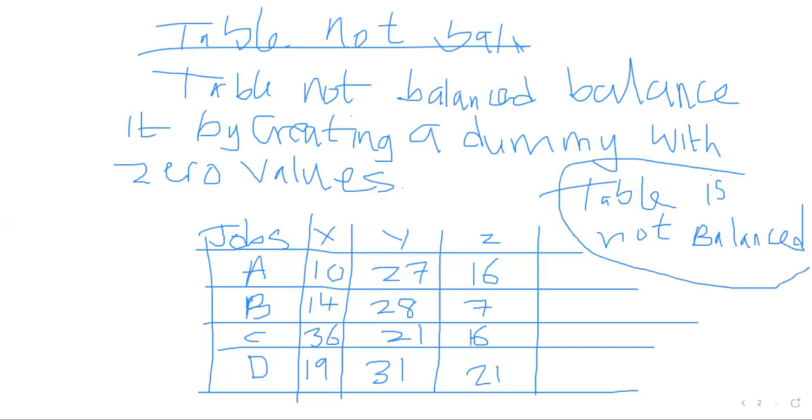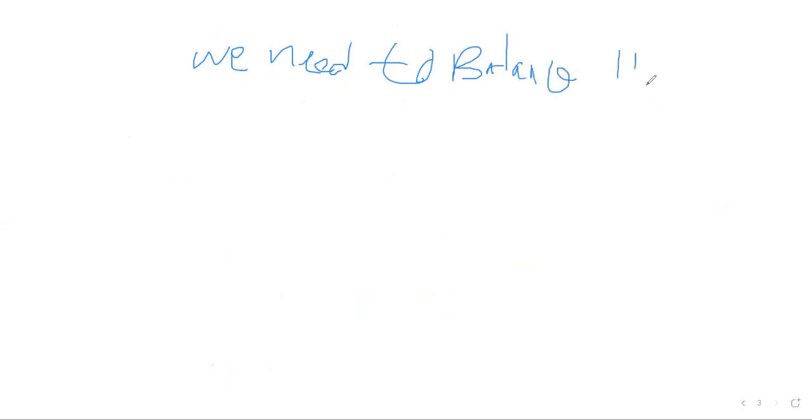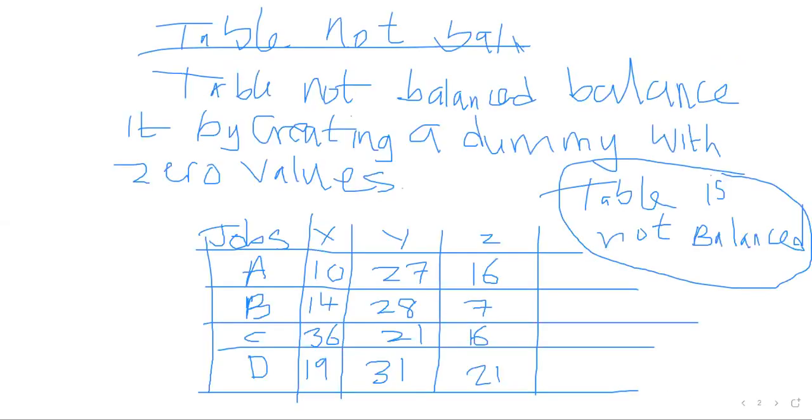So what goes on here now is that we need to balance the table. Why are we having a problem? We have a problem on the columns.